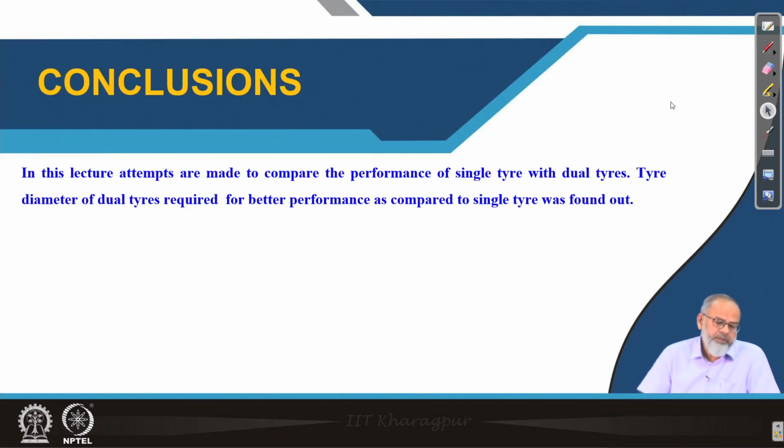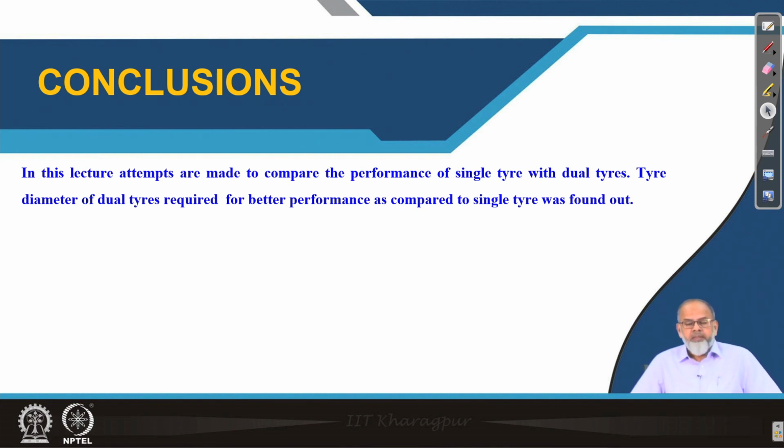In brief, I tried to compare the performance of single tire with dual tires when they are of same dimension. That means the diameter and width of single tire is equal to diameter and width of dual tires. Then I varied the diameter and width of dual tires. They are not same as single tires. So for both the cases, I have given the expressions.